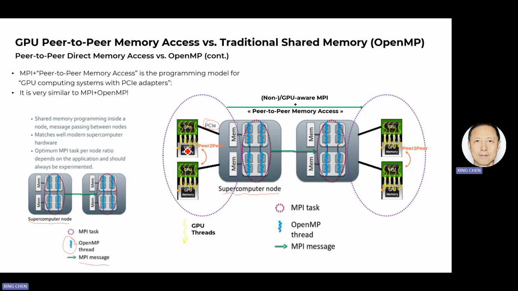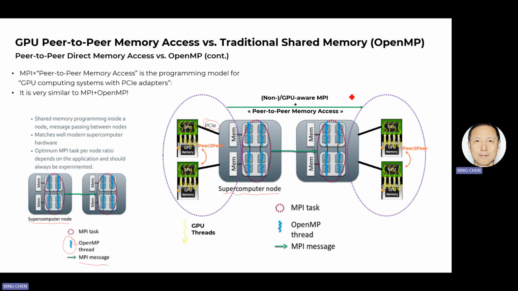If you think of the GPU memory as belonging to the same supercomputer node, that makes a shared GPU memory, and then peer-to-peer memory access is OpenMP for the GPUs. The other side is the same story.